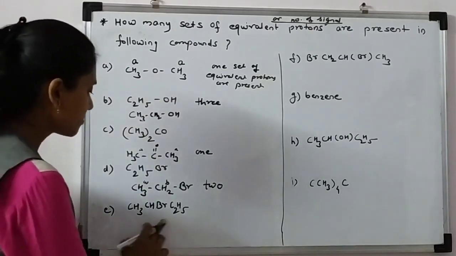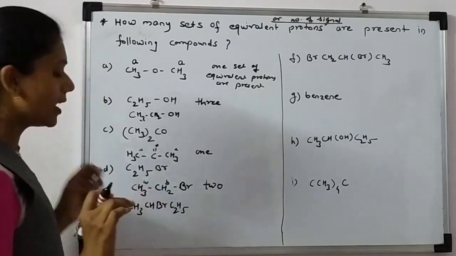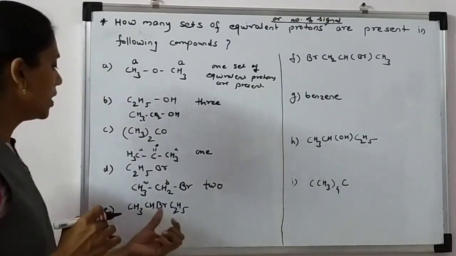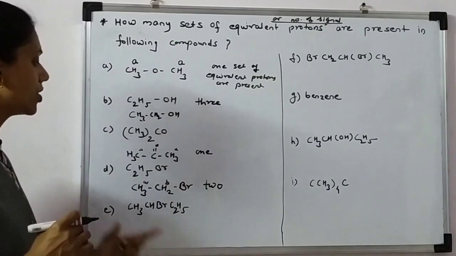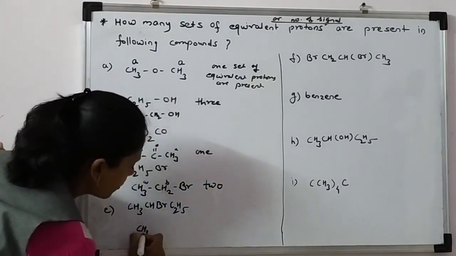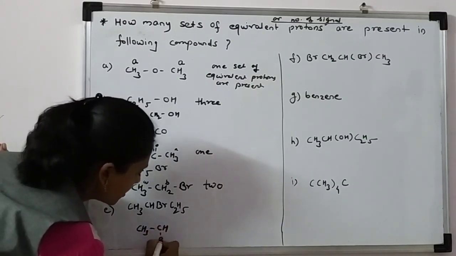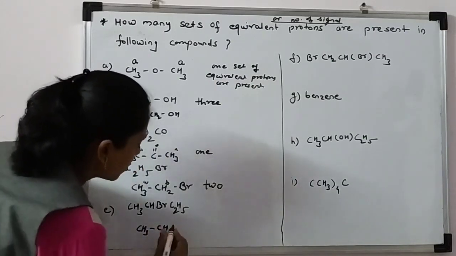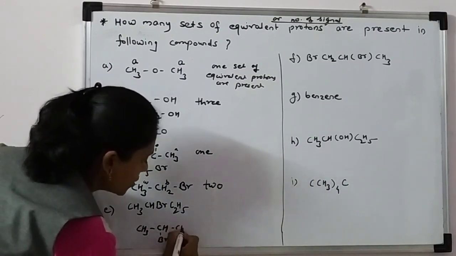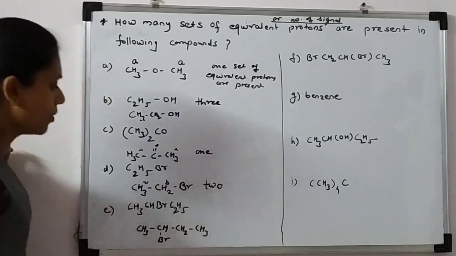In the next one, CH3CHBrC2H5. Again, I always tell you to elaborate the structure in simple form so we can calculate the number of equivalent protons easily. CHBrC2H5 means CH2CH3.